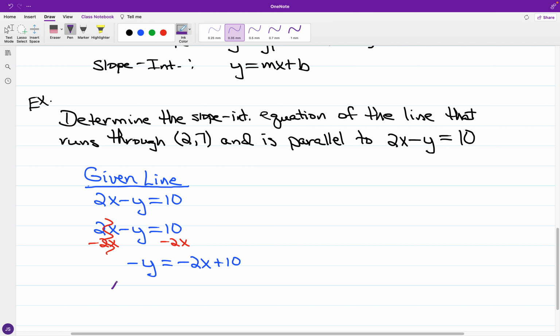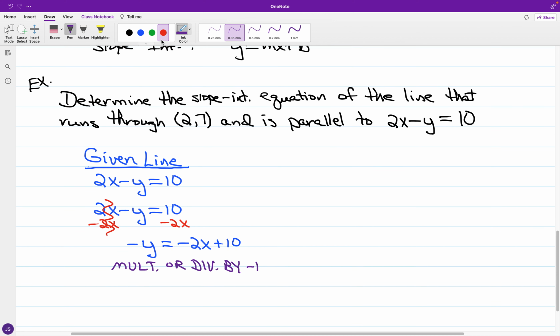For this equation, I multiply or divide by negative 1, just to change the negative terms, including negative y, to positives and vice versa. In doing this, for the given line we'll have the slope-intercept form, where y is equal to 2x minus 10.